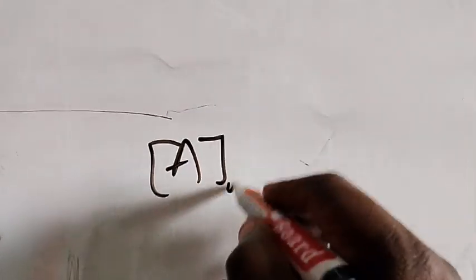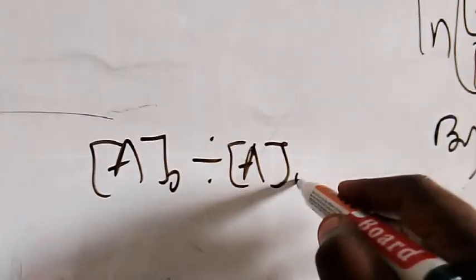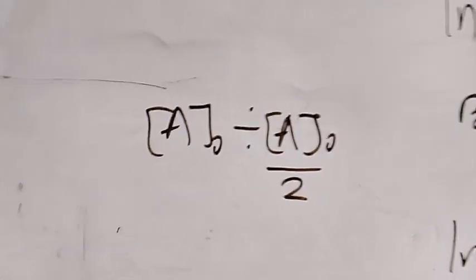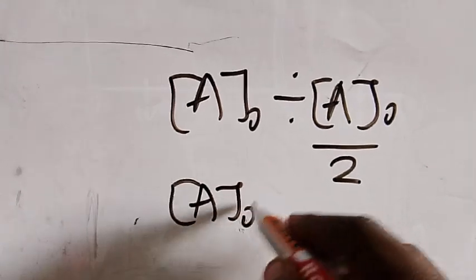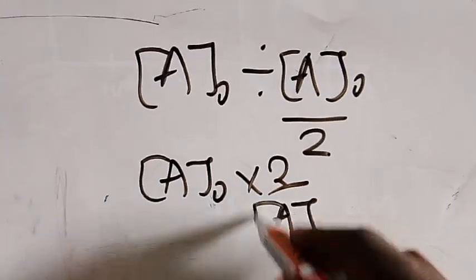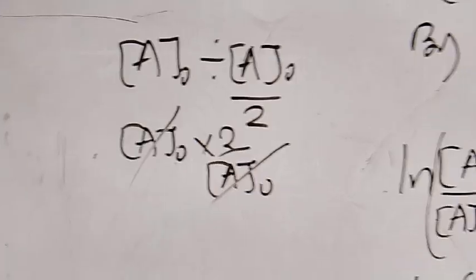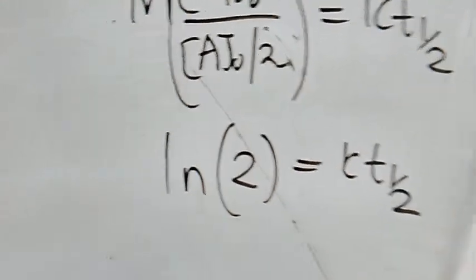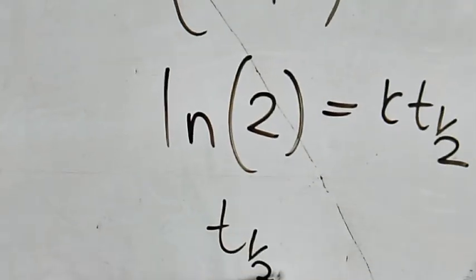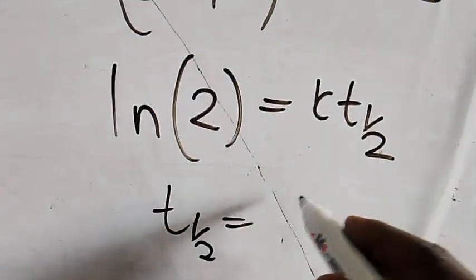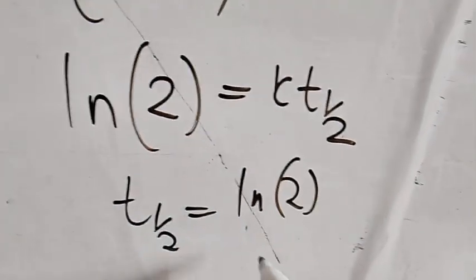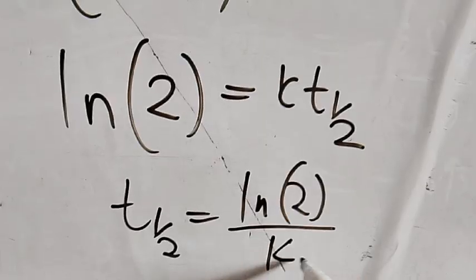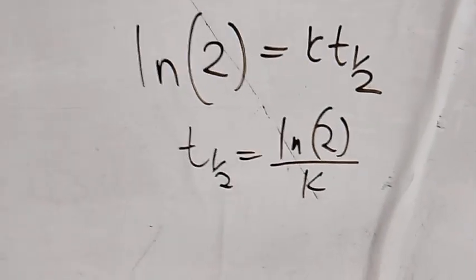To show you how these cancel, A initial divided by A initial over 2 becomes A initial times 2 over A initial, then the A initial cancels, leaving ln 2. We make t half the subject of the formula: t half is equal to ln 2 over K.